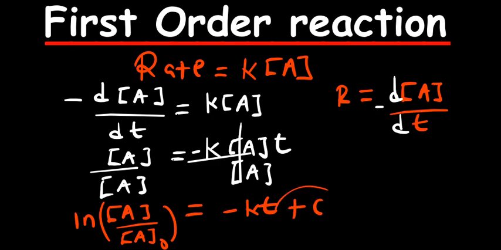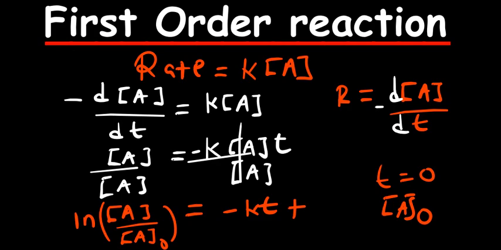Now what is the c here? The c in this case is a constant of integration, just like the previous one. And you know that when you're starting a reaction, time goes to 0. Now what will be the concentration of a when time goes to 0? It will just be the initial concentration, right? And that's what will be our c.